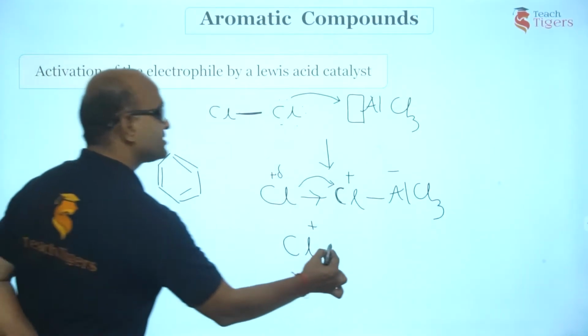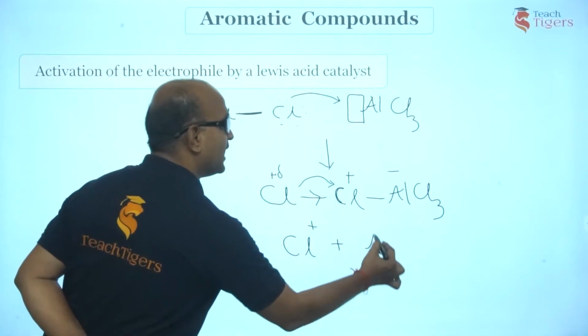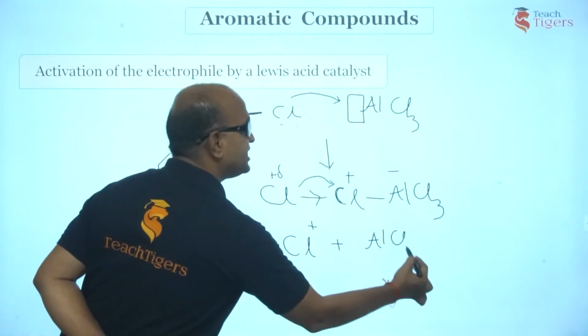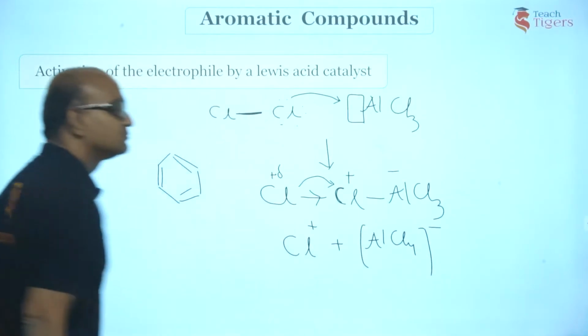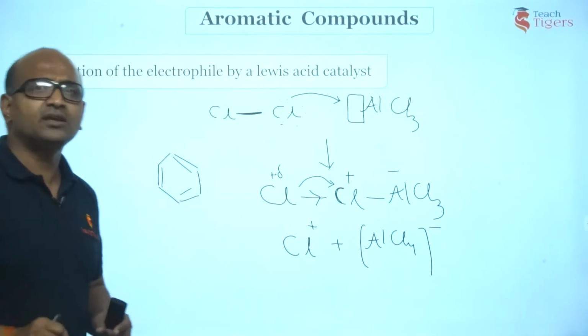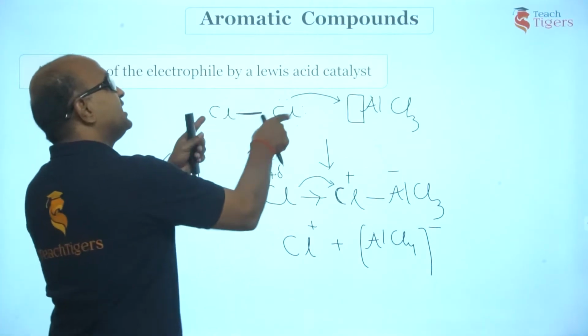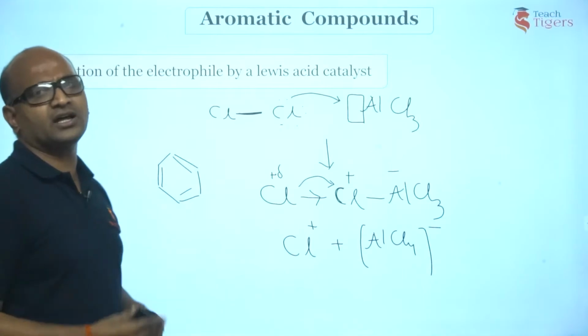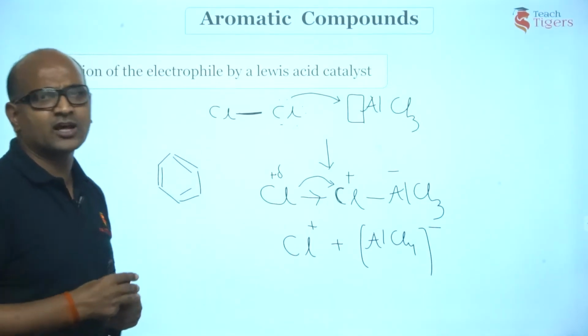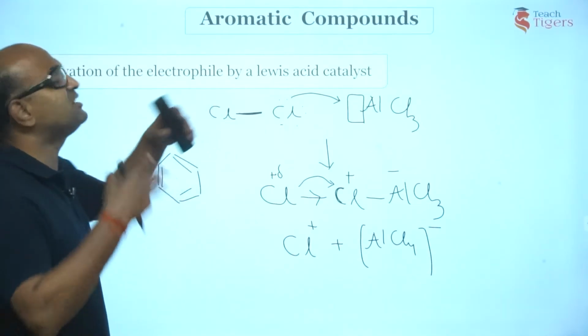It gets Cl plus, you have AlCl4 minus. Am I right? Guys, you see, you can't just write Cl2 giving rise to Cl plus and Cl minus. It's weak, that doesn't happen under normal condition. So we say chlorine is a weak electrophile.